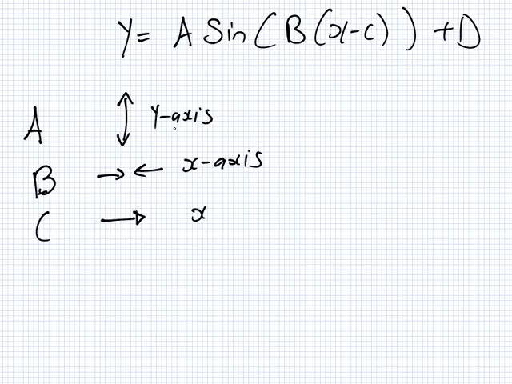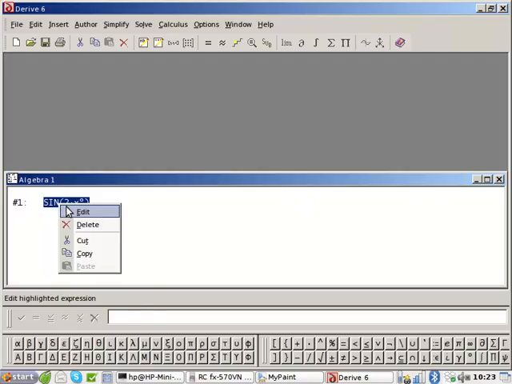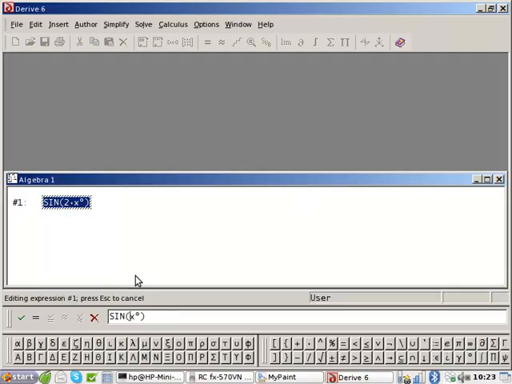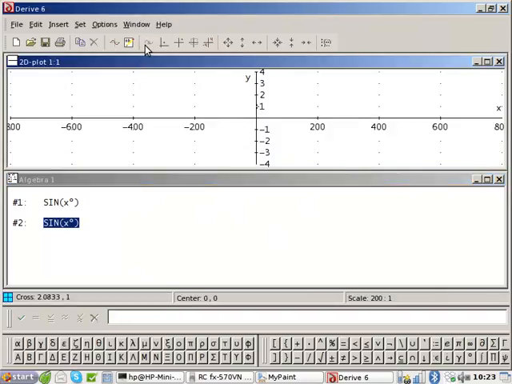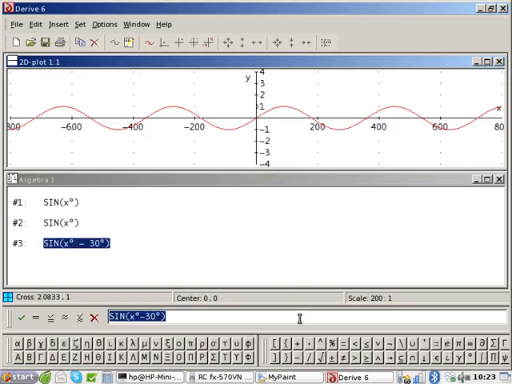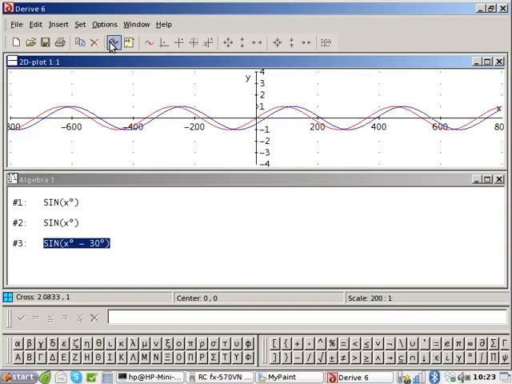So watch, for example, if I draw sine x, and then if I draw sine (x minus 30), you see it moves a bit to the right. The minus 30 moves to the right.